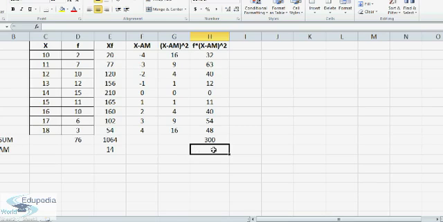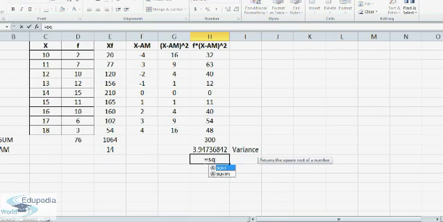So here let me first find the variance. Variance is this value divided by the sum of the frequency, which happens to be 3.947, approximately 3.95, and then we take the positive square root of this quantity, and that's our standard deviation.